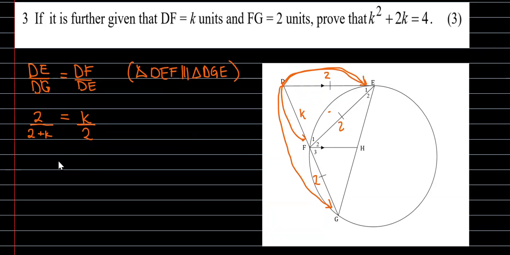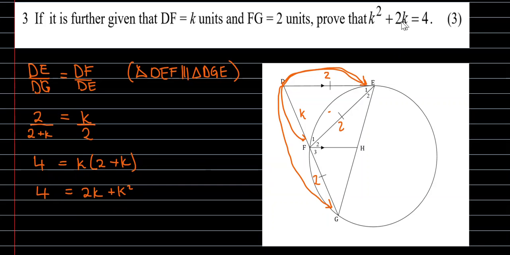Then you can cross multiply now, then you can get your values. So here it will be 2 times 2, then you get 4 equal to 2 plus k times k. k times 2 will be 2k, then k times k will be k squared, and here you are left with 4.